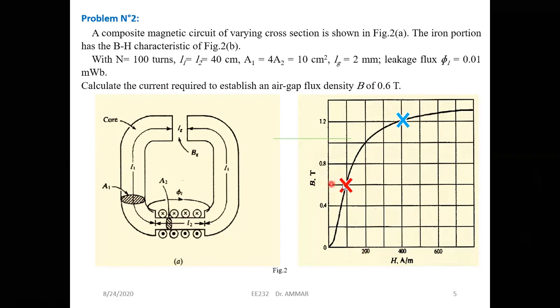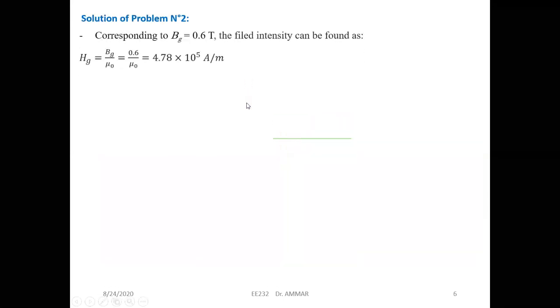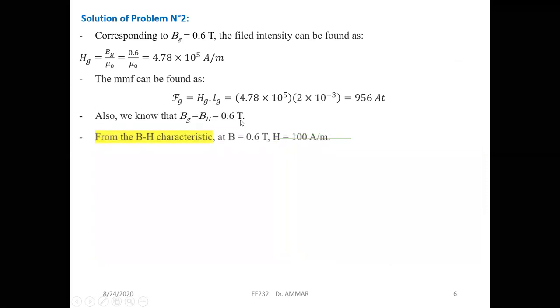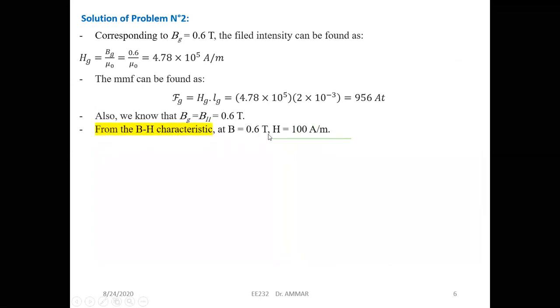So H corresponding to 0.6 is 100, at this red cross. So this is the value of the field intensity corresponding to B equals 0.6.